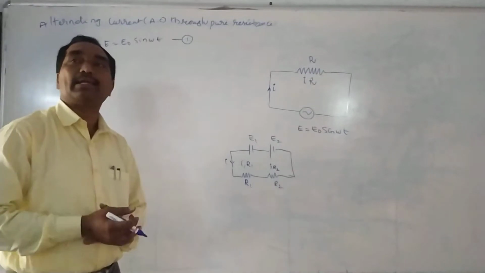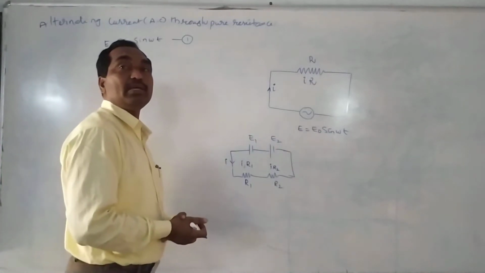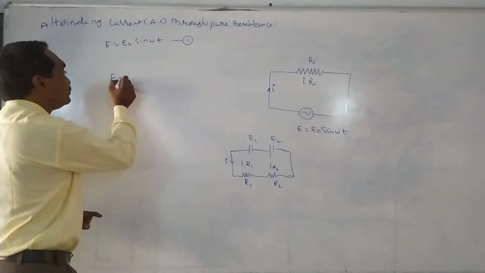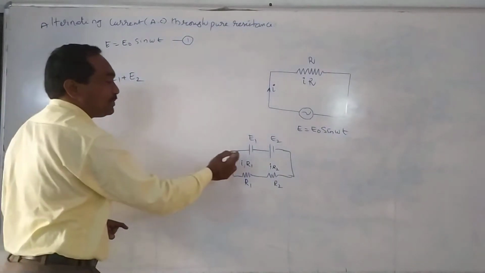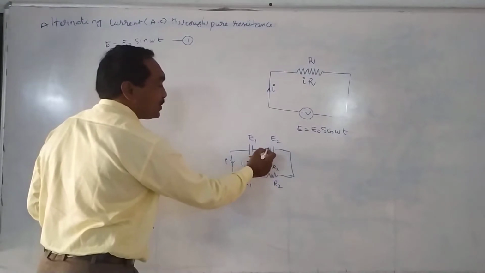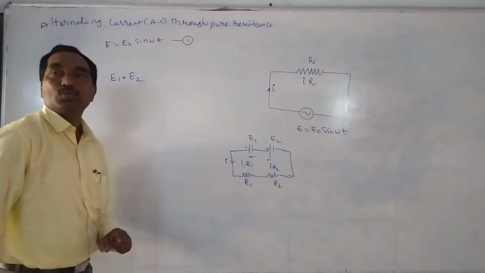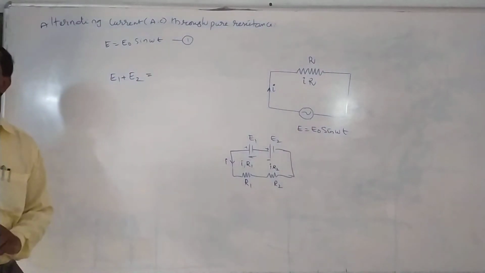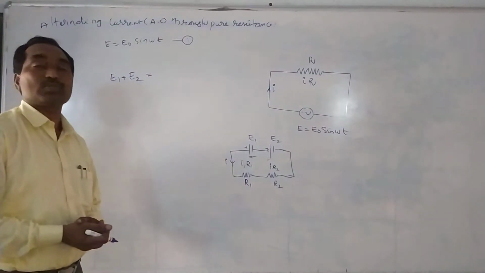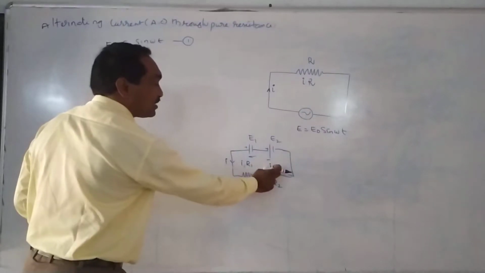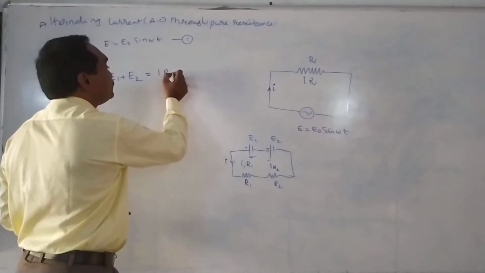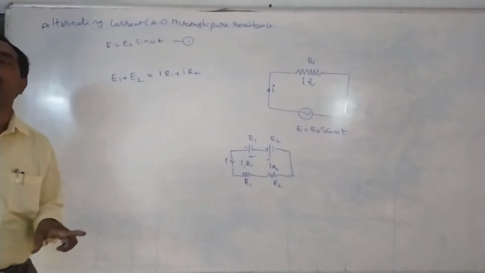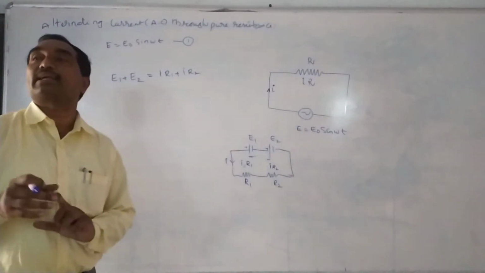According to Kirchhoff's second law, the sum of the EMFs, E1 plus E2, because both are in the same direction, is equal to the sum of the potential differences, IR1 plus IR2. This is one application of Kirchhoff's second law.